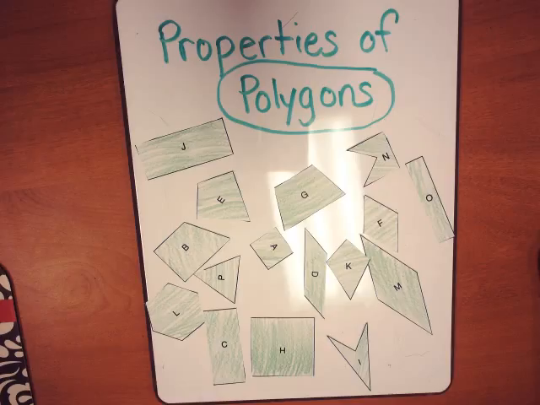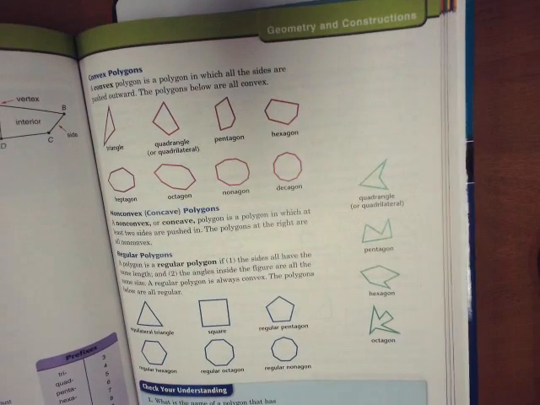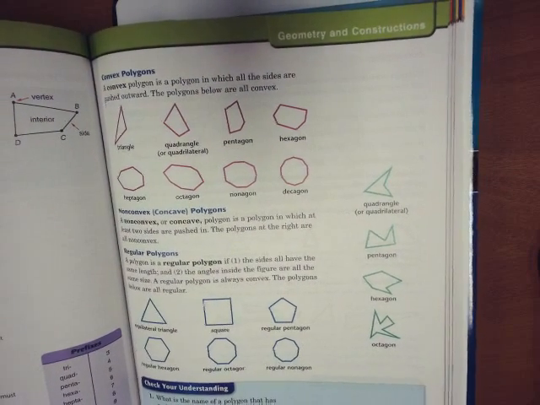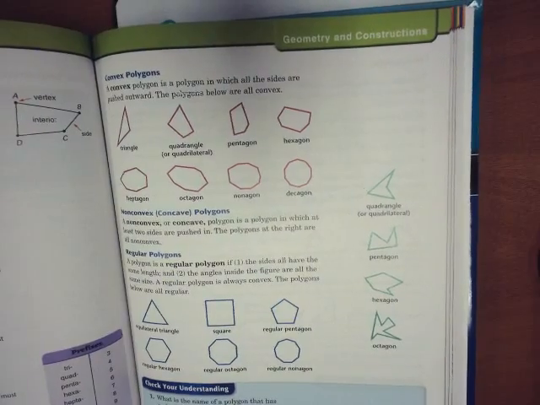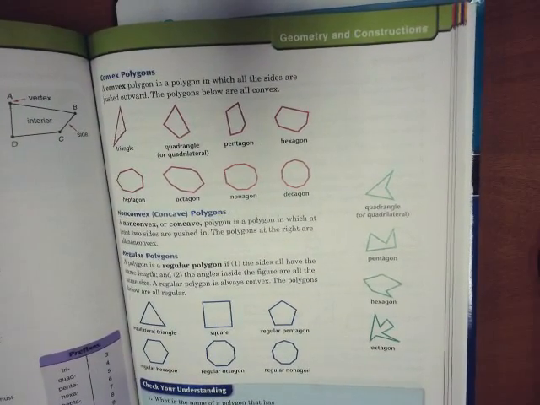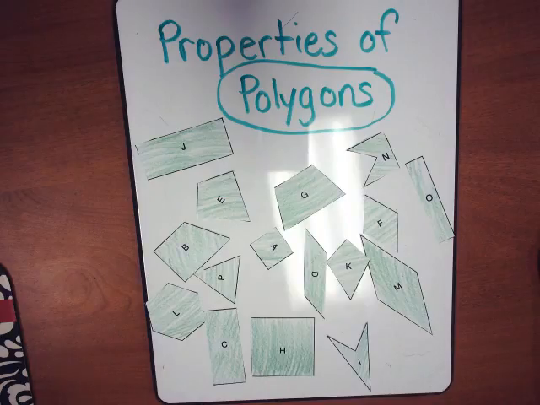Go ahead and pause right here and read page 142. Should look just like that. Pause right here and revise your definition for a polygon. You can unpause once you're ready. By now I hope that you've revised your definition of a polygon.